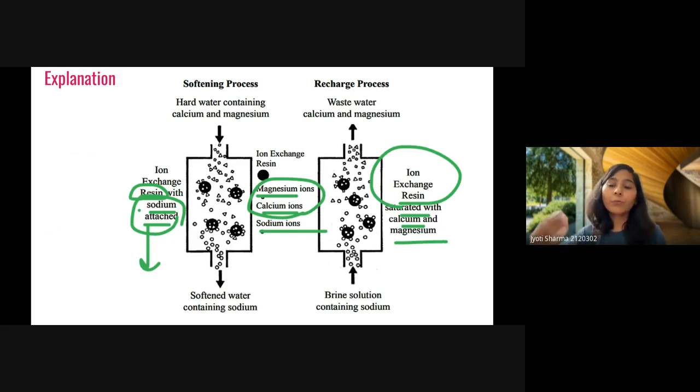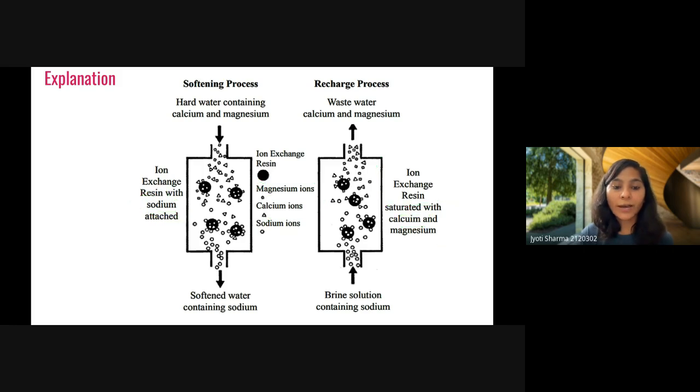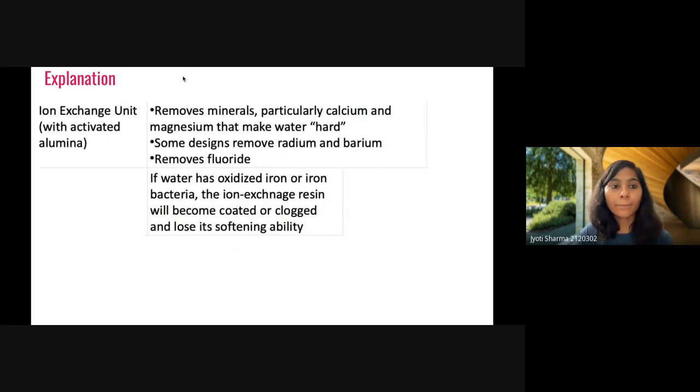Otherwise, we have some processes by which we can again replace this calcium and magnesium with another chemical, and create the same original ion exchange resin. But because we are using it in our home, we have to replace it whenever there is clogging. So this is the limitation of ion exchange.